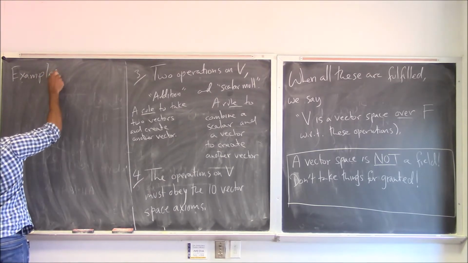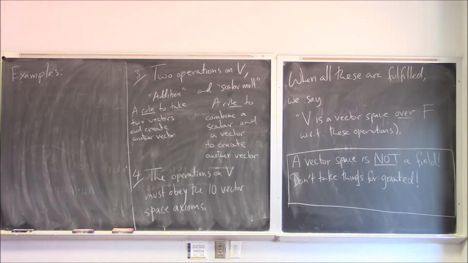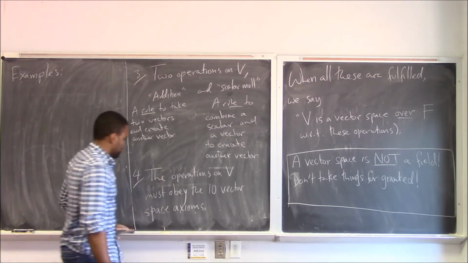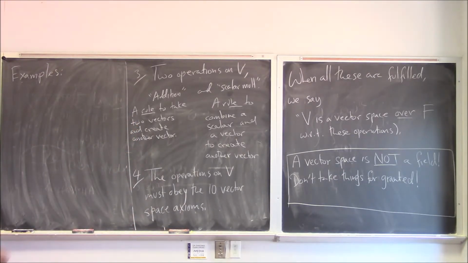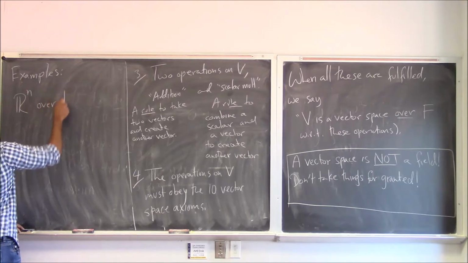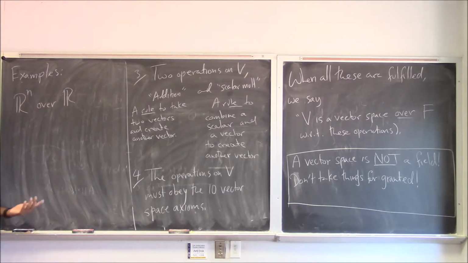We looked at some examples. There are tons, especially in mathematics. I gave you the examples about R, basically Rn over R, right? So that's a bunch of examples. What other examples did I give you so far? I don't remember.